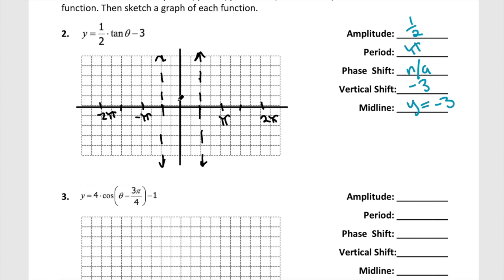Our asymptotes are pi units apart, and so all other intervals will have an asymptote at the same interval. So we'll have another asymptote here, and so on.